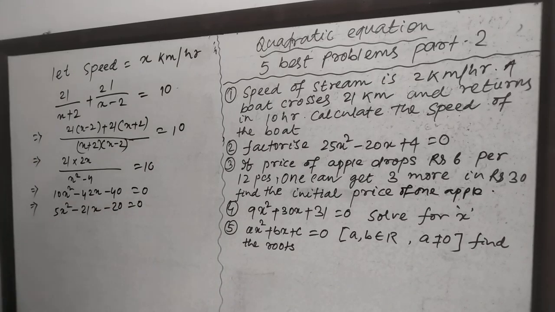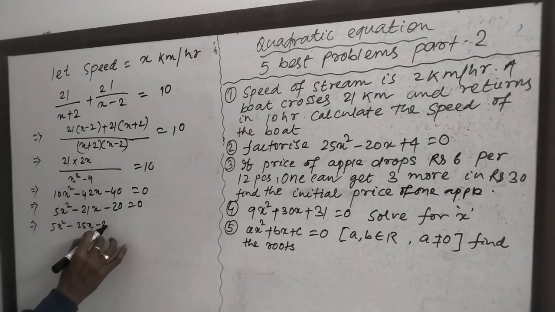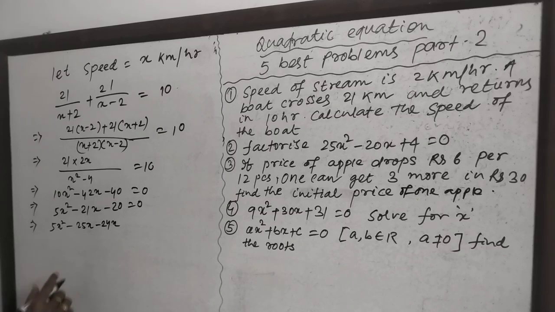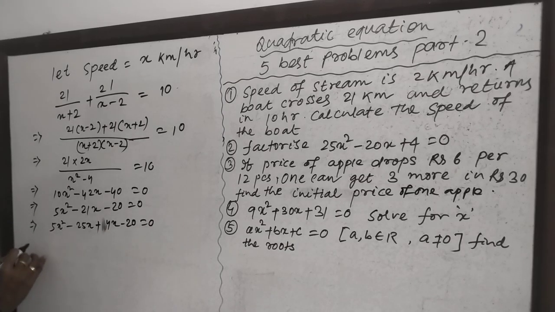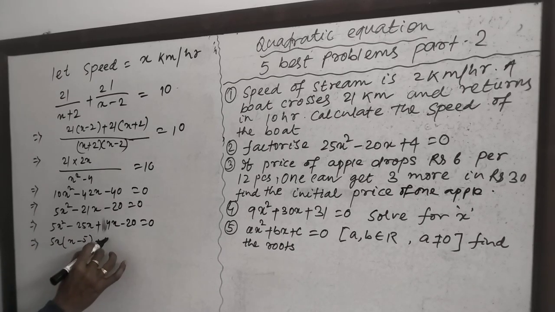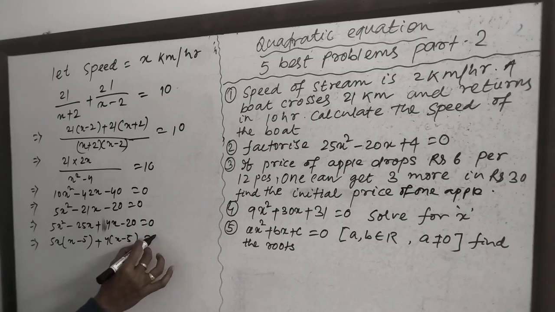Now we'll factorize it. By factorization, 5x square minus 25x minus 4x plus 4x minus 20 is equal to 0. Taking 5x common: 5x into (x minus 5) plus 4 into (x minus 5) equal to 0.